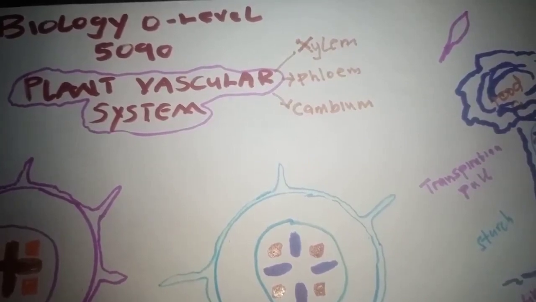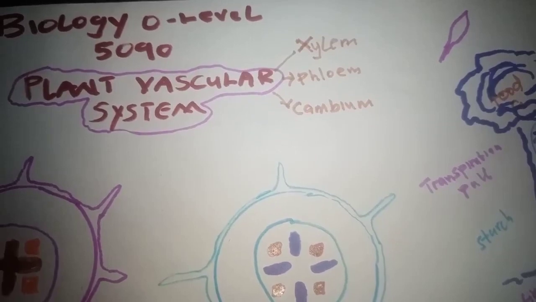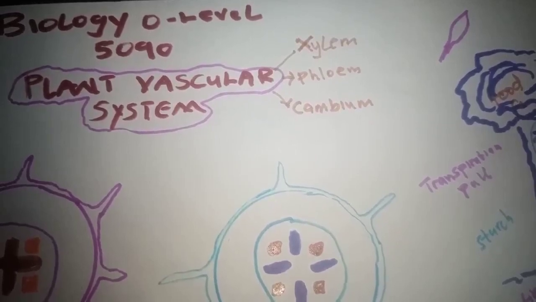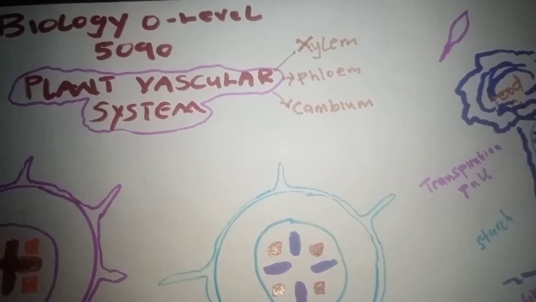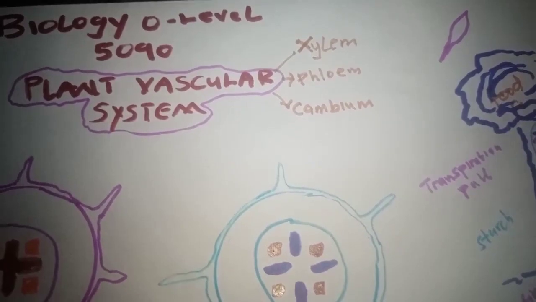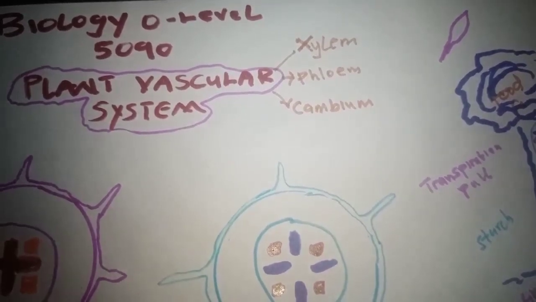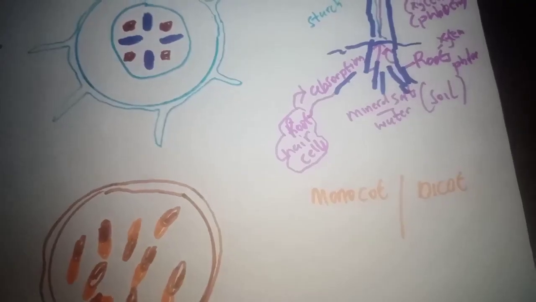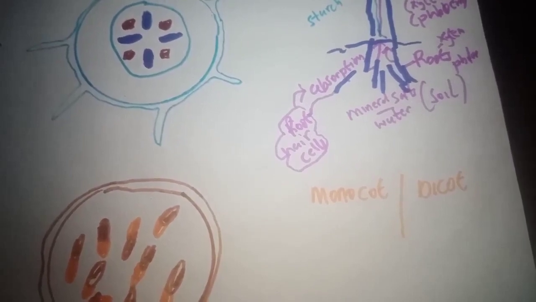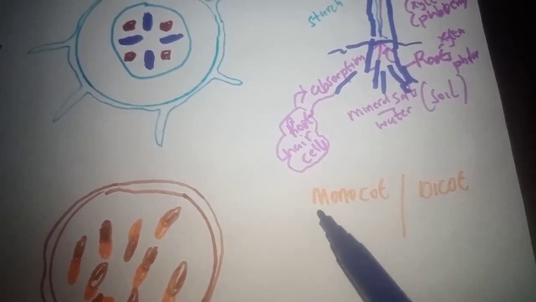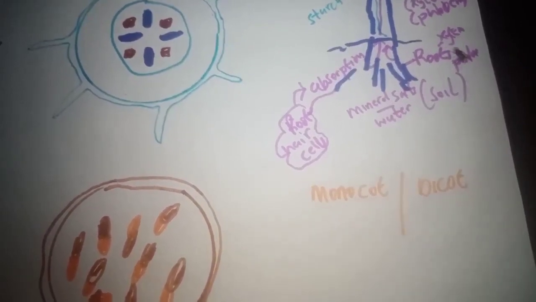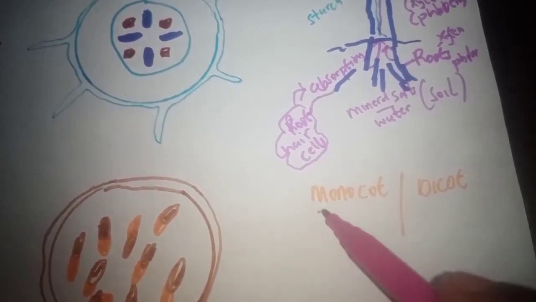Now we are going to see how these things are arranged, whether it's in a root or in a stem, and whether it's a dicot or a monocot. So let's introduce these two terminologies, dicot and monocot. These refer to two plant groups.